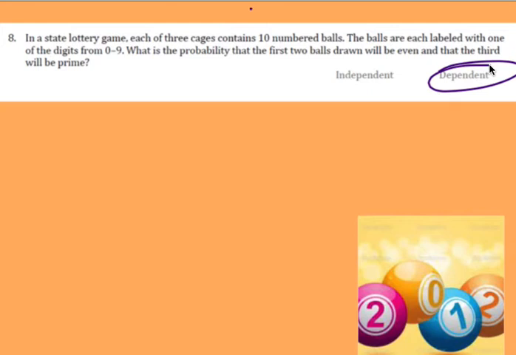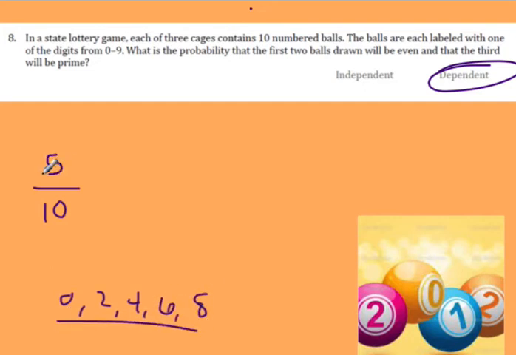So to start off with, when you have digits 0 through 9, that's actually 10 digits when you count 0. So there's 10 total numbers that can be chosen. Well, how many of them are even? Okay, half of them. 0 is actually an even number. So we have 0, 2, 4, 6, and 8. So we have 5 even numbers. And now we know we're going to take one out, and that's going to be 9.